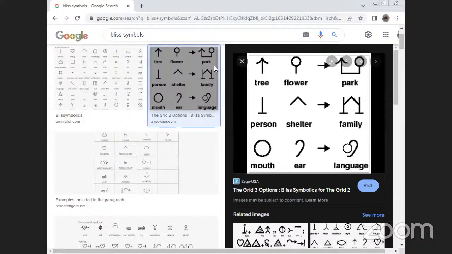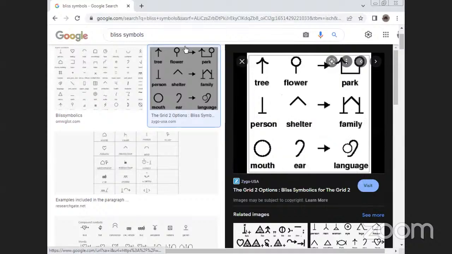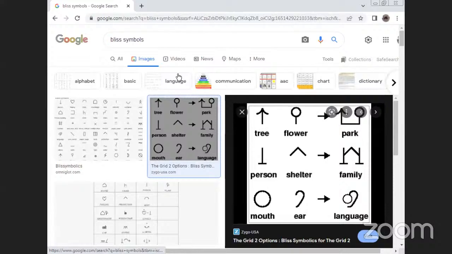Thank you. So when we talk about the bliss symbols, they are used for representation in languages. But remember, when you bring them together, you can form different objects that you may wish to have.